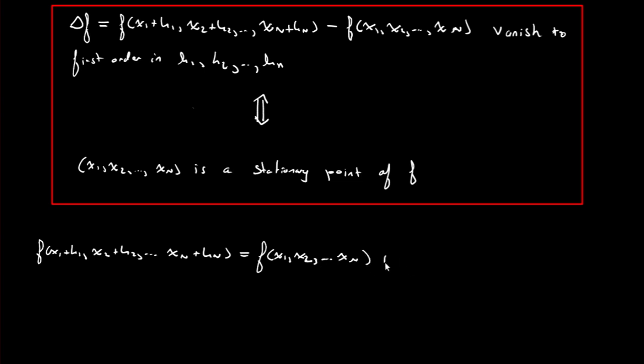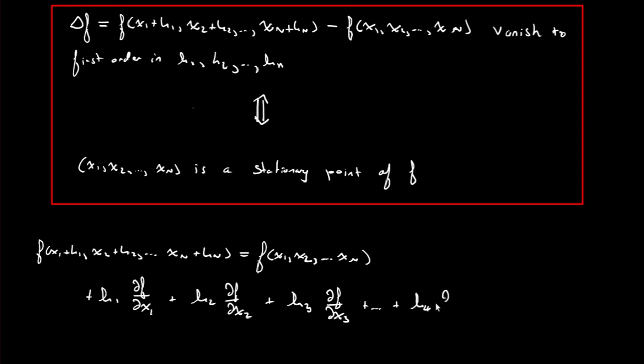And we're going to add in h1 times the partial derivative of f with respect to x1, plus h2 times the partial derivative of f with respect to x2, plus h3 times the partial derivative of f with respect to x3, plus dot, dot, dot, all the way up to hn times the partial derivative of f with respect to xn.